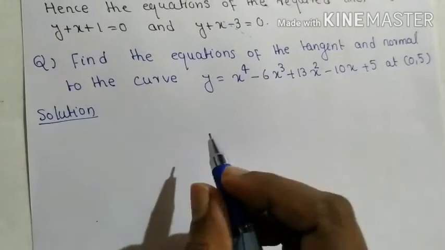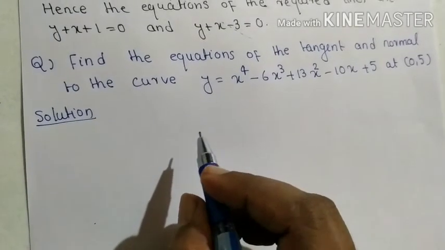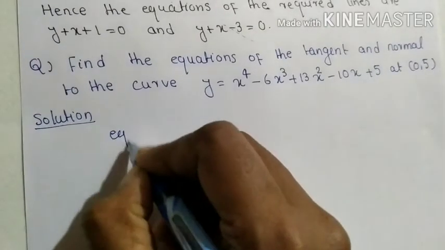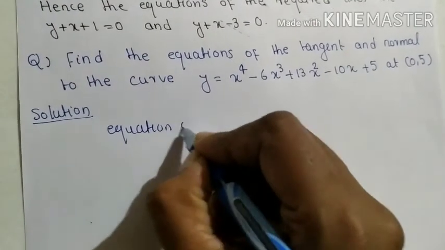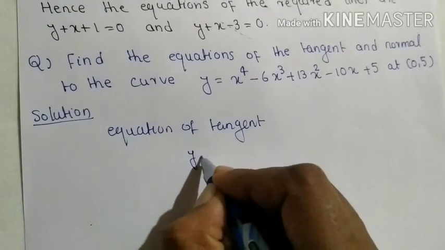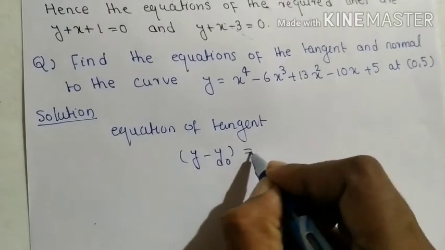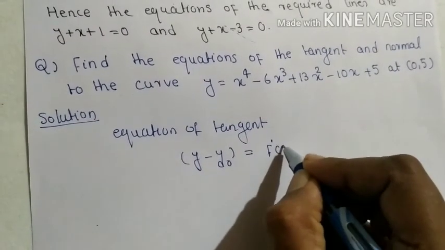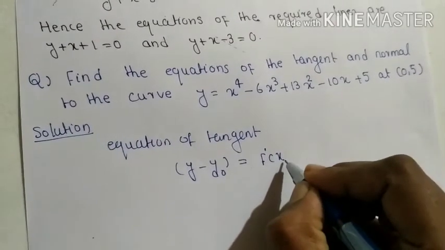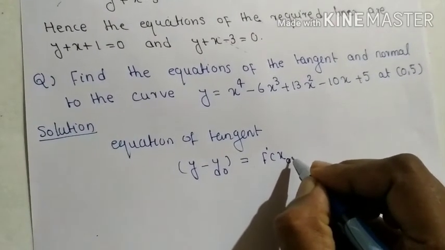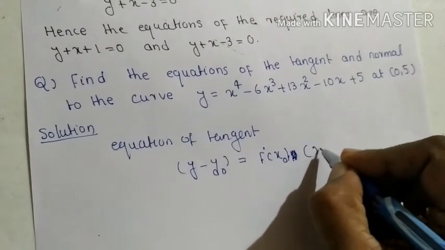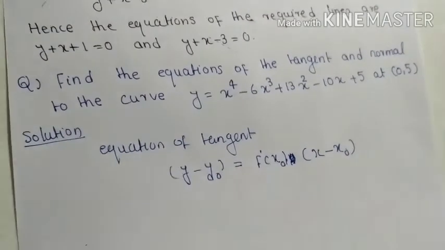In this question, we need to find the equation of tangent and normal. And what is the equation of tangent and normal? We know that the equation of tangent is y minus y naught equal to f dash of x naught into x minus x naught.